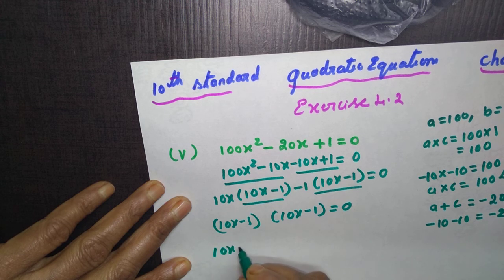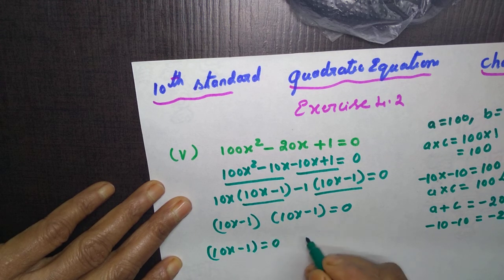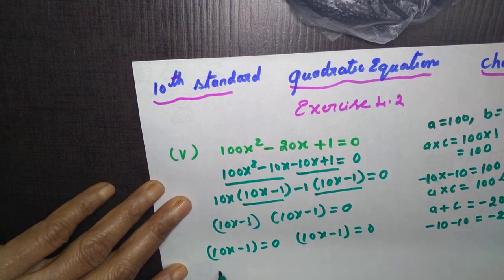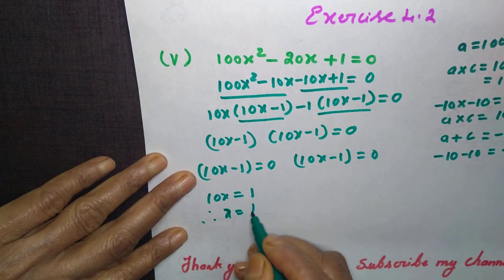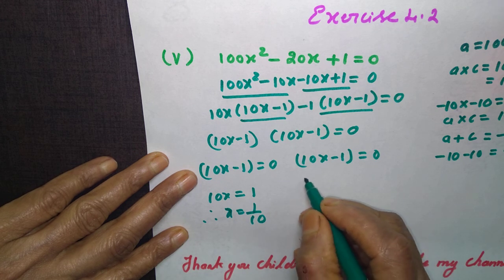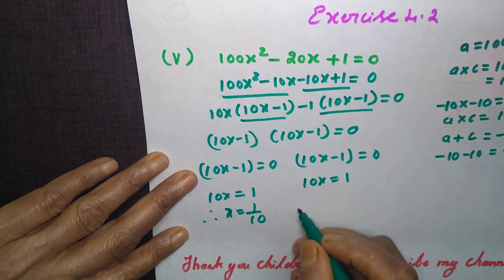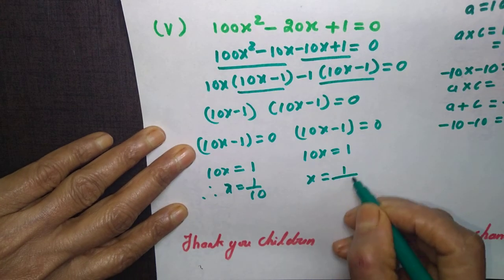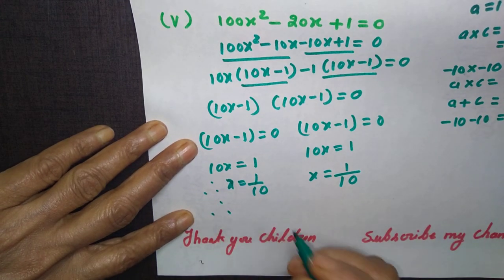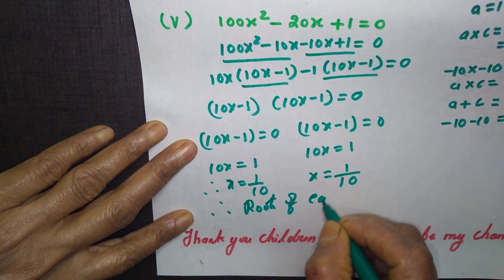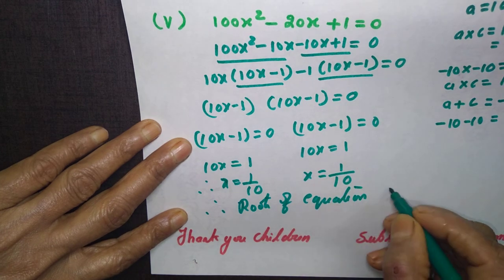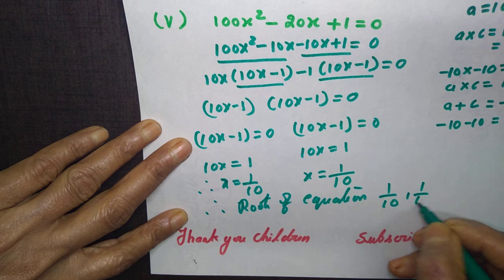Therefore 10x is equal to 1, x is equal to 1 by 10. Here also 10x is equal to 1, x is equal to 1 by 10. Therefore, roots of the equation are 1 by 10, comma 1 by 10.